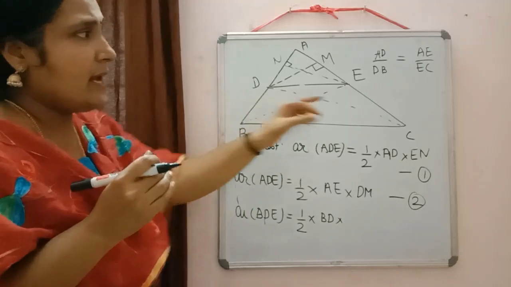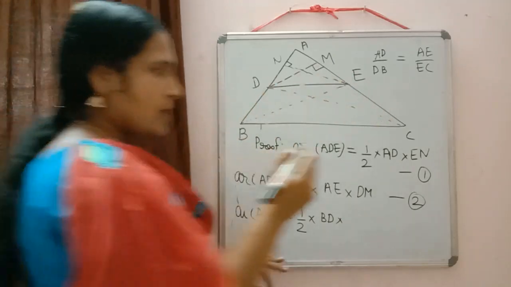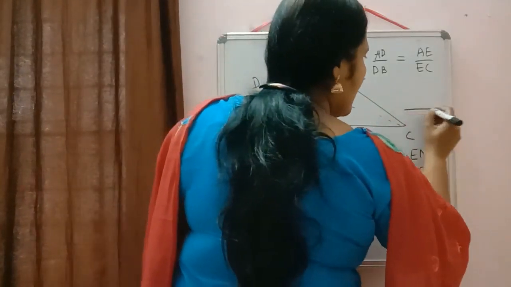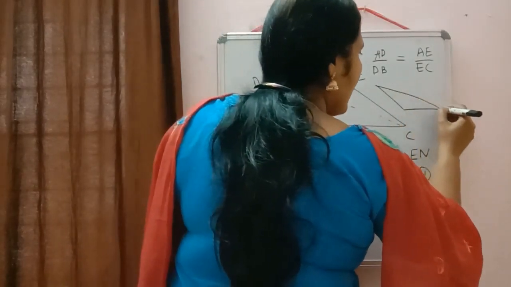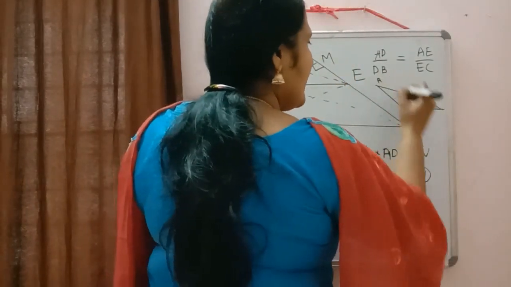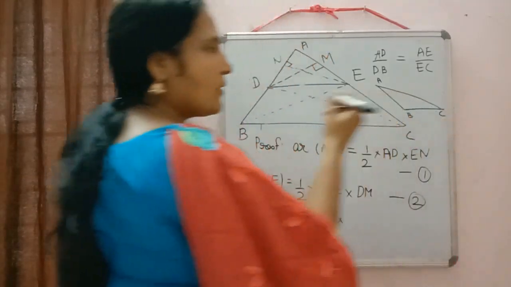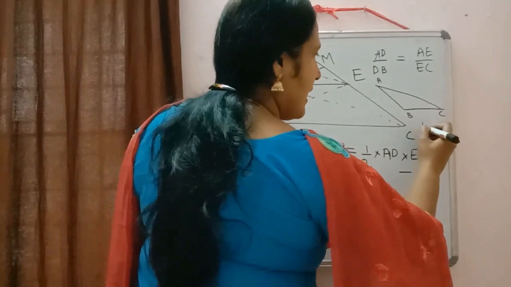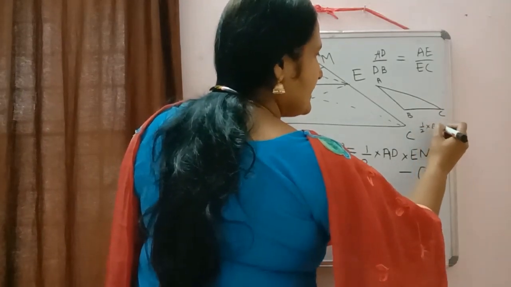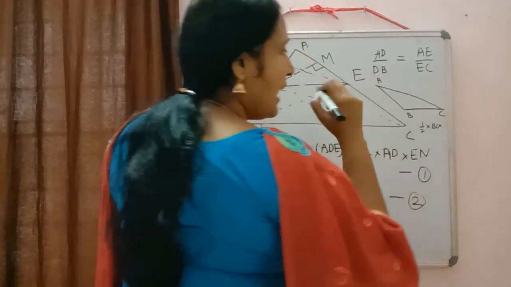For this I am giving you an example. Suppose we have a triangle in this way, triangle ABC. How to calculate the area of this triangle? The formula will be the same: half into base, that is BC, into height.